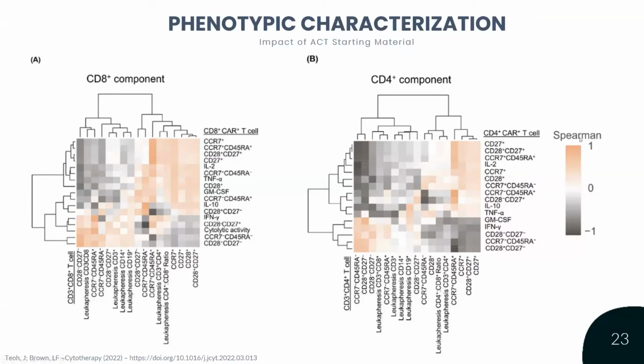So the positive correlations here indicate that if there's a rise in any of these x-axis populations, it also gives a rise to certain other ones.